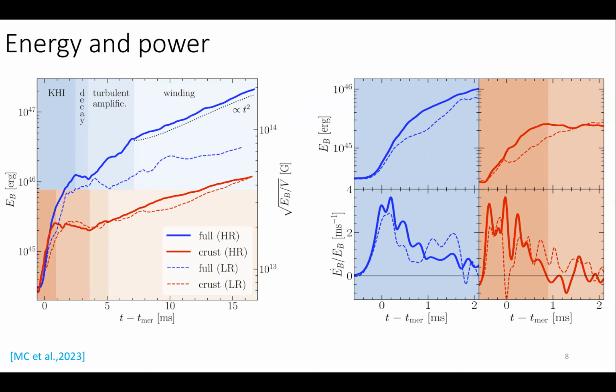But on the right plot, for instance, it's also interesting to analyze the growth rate of the magnetic energy during this Kelvin-Helmholtz amplification phase. What we see initially, very early on in the amplification, are peaks in the growth rate which are comparable for both simulations.